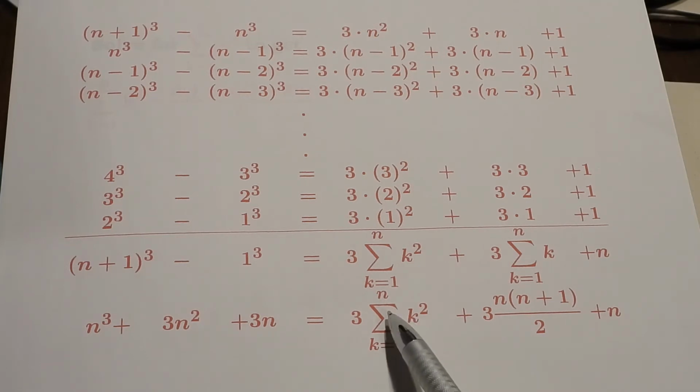So you leave only this one on one side and move all the other terms to the other side, because our purpose is sigma k squared, right?